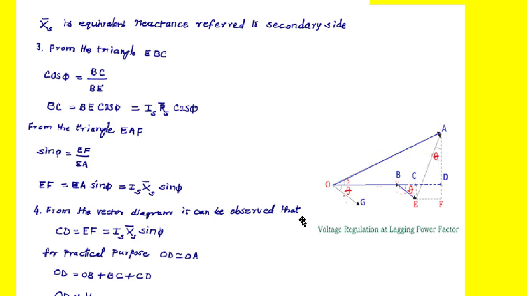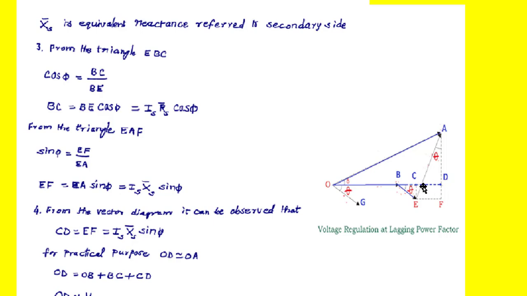Next, if you observe the vector diagram, this CD and EF are one and the same. This length and this length are one and the same. So we have taken the Is Xs component which is in phase with the EF that we have calculated, and we also calculated what is BC.